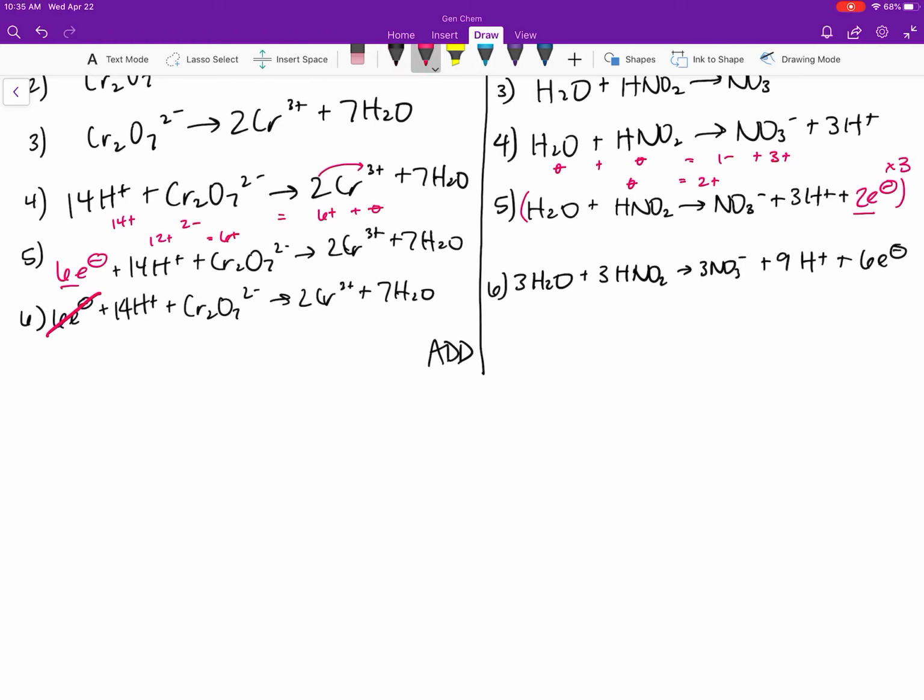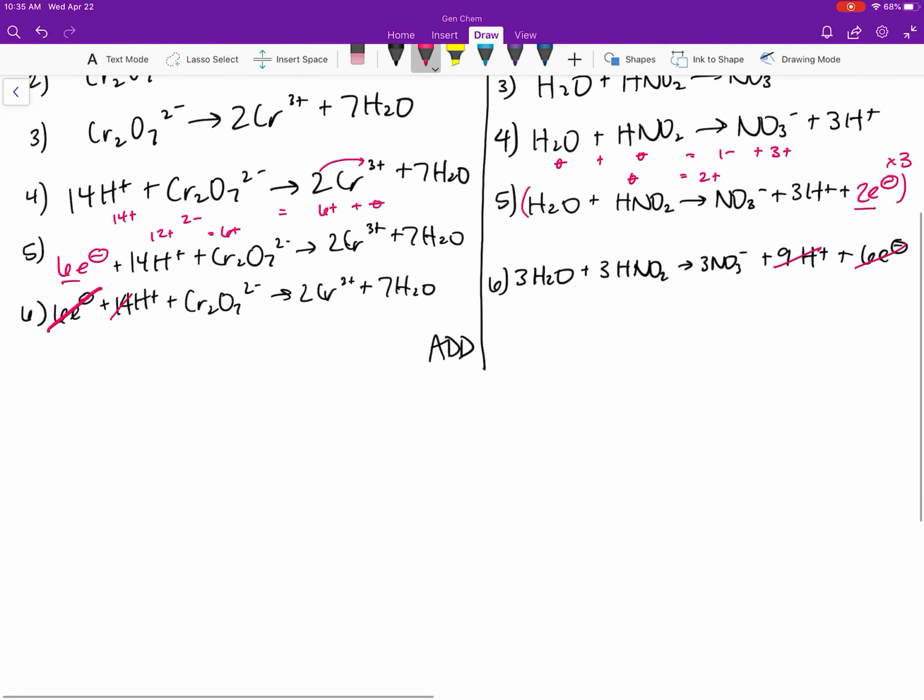So 6 electrons, 6 electrons. I have 14 protons here and 9 here, so all of the 9 are going to cancel out, and I'm going to be left with 5 over here. I have 3 waters on the left and 7 over here, so I'm going to be left with 4 waters, and then nothing else should cancel out. So now I'm going to add them together.